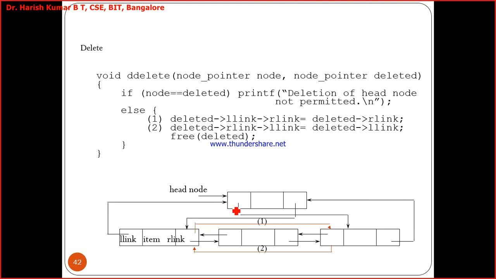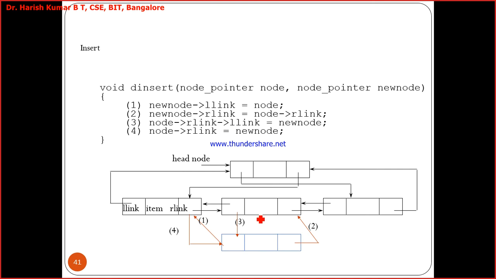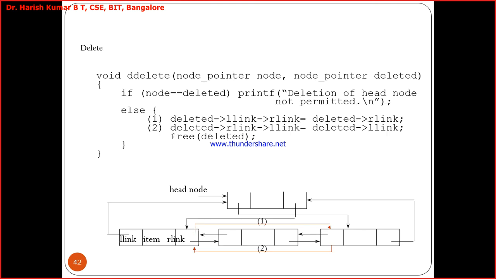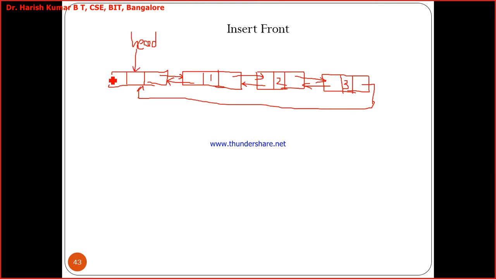This one. The left link of the header node should hold the address of what? The last node. So the left link here should hold the address of the last node.